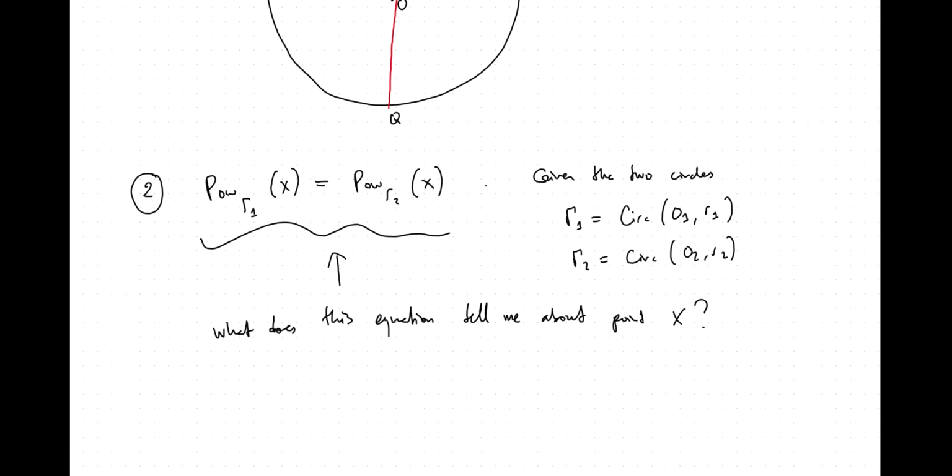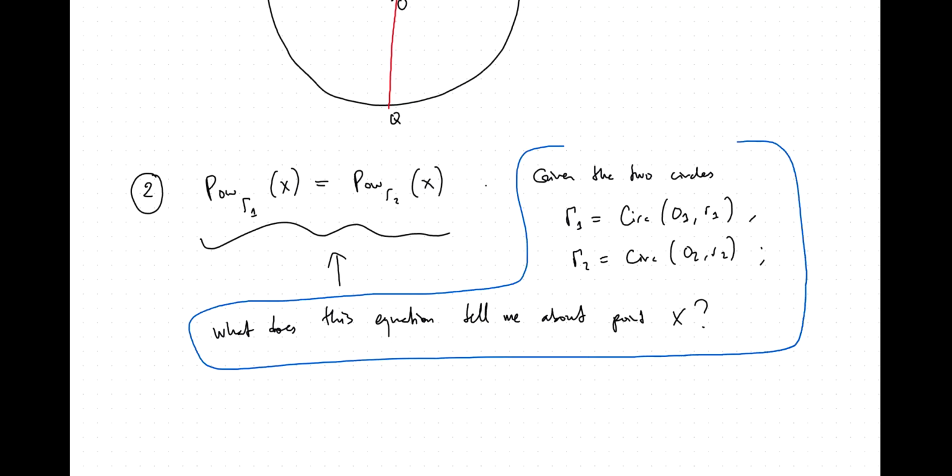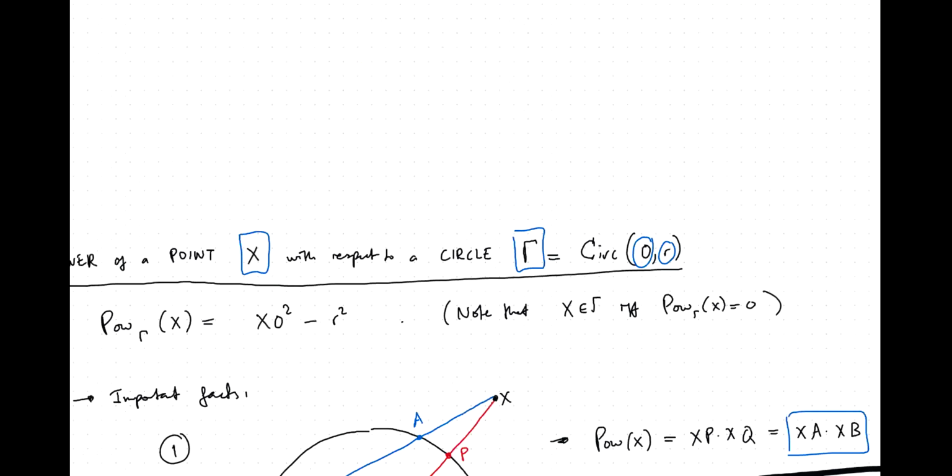Given the two circles, what does this equation tell me about point x? So let's just really focus on the equation. Let's try to understand it.